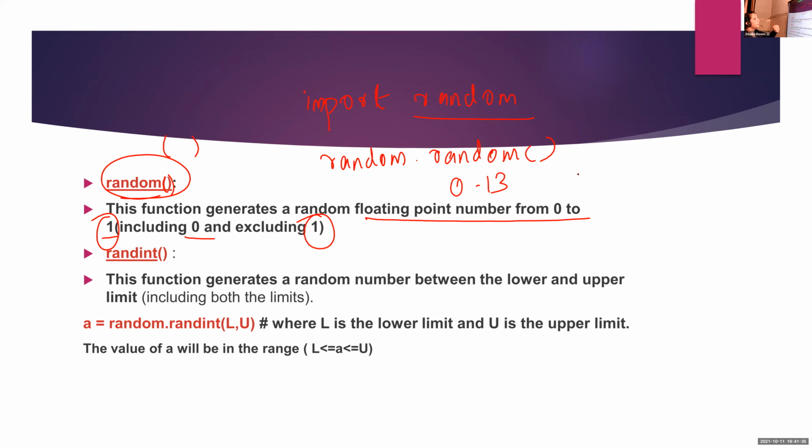So random dot random, this random function will generate a value between 0 to 1. That is, first time it will generate one number. It is not similar to the second execution. At the time of second execution, same statement, it will generate another number.